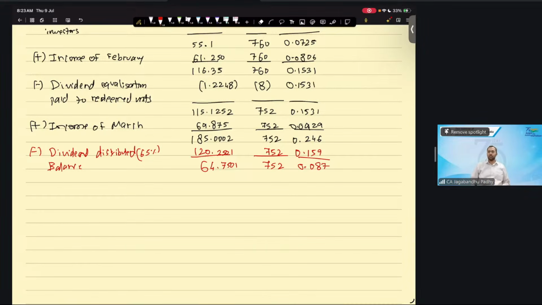Okay, this is what is left out as a balance now. 64.7501 divided by 752 is 0.0861. Okay, some differences over here and there, that's fine. Rounding thing.